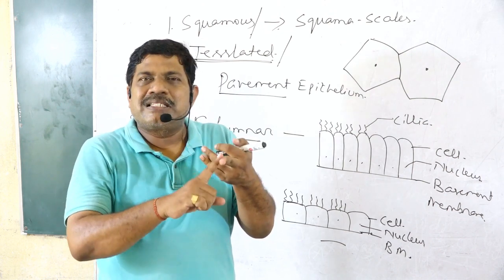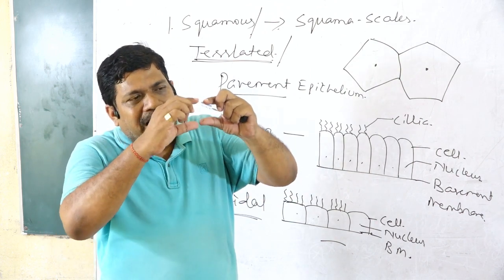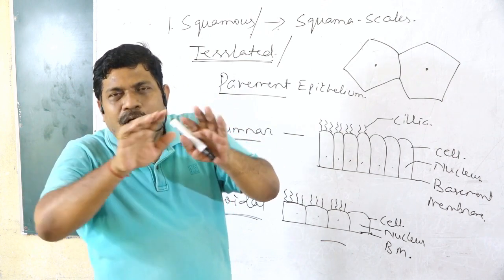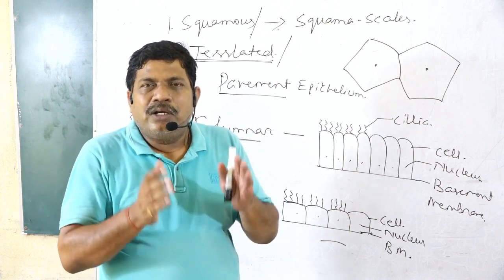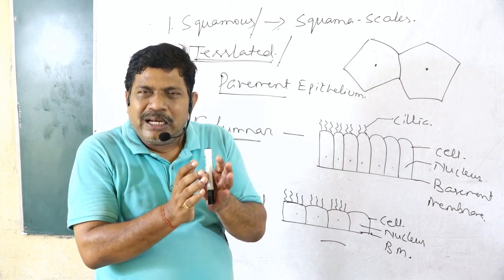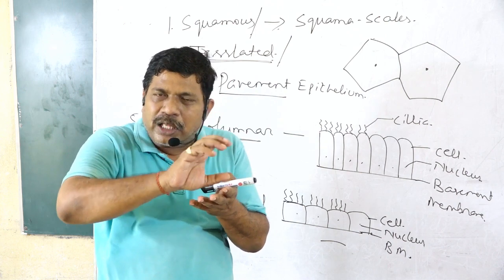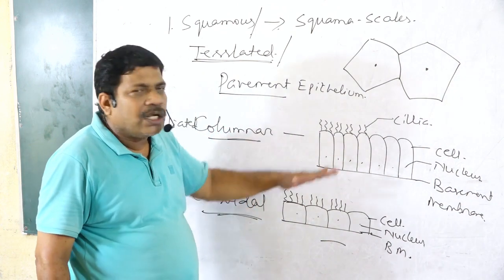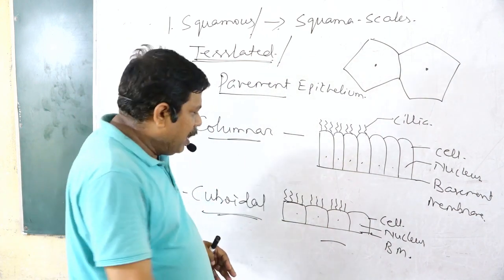When cells are just like a cube, where length, breadth and height are all the same, that is called cuboidal epithelium. And when cilia, the locomotory organelle, are present at the free surface of columnar or cuboidal epithelium, it is called ciliated columnar or ciliated cuboidal epithelium.